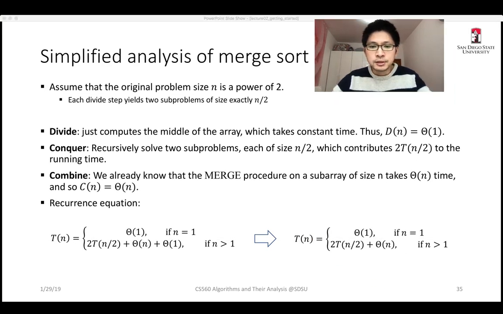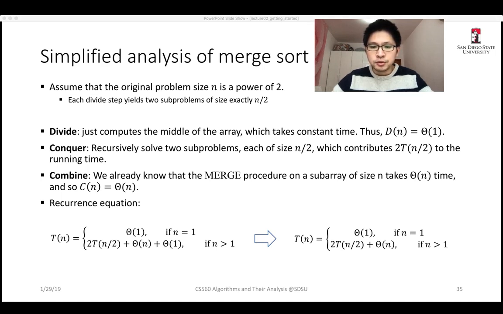So now let's try to obtain an intuitive understanding of T of n by solving this recurrence equation for merge sort. But before that, we need to get rid of these two annoying theta notations.